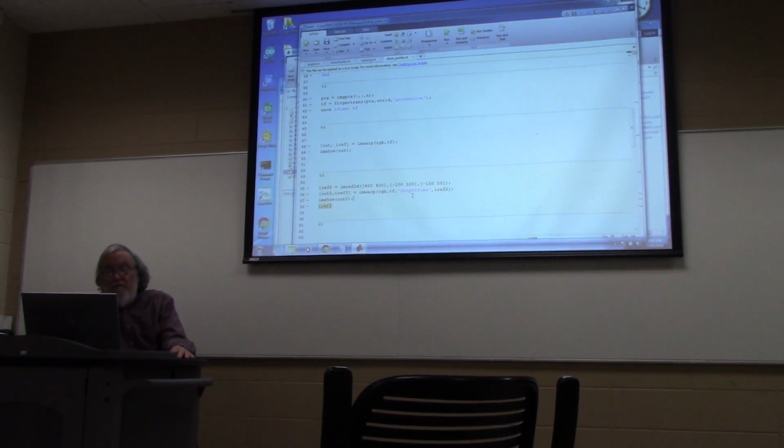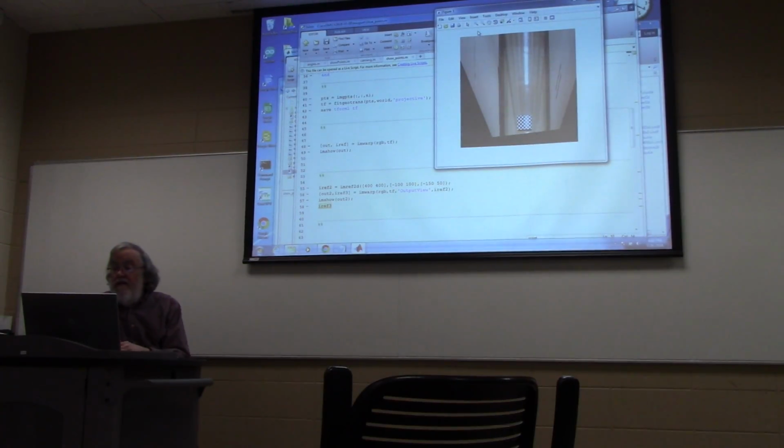The next step from there is to fool around with the reference parameters and pick something that looks a little better. So that looks a little better, right?